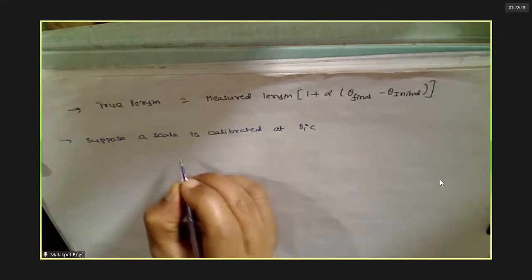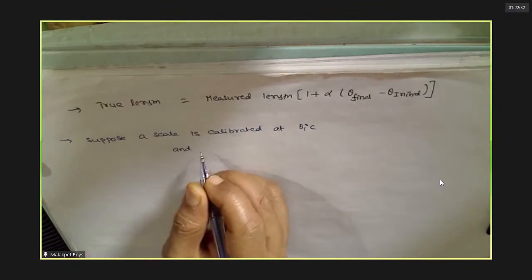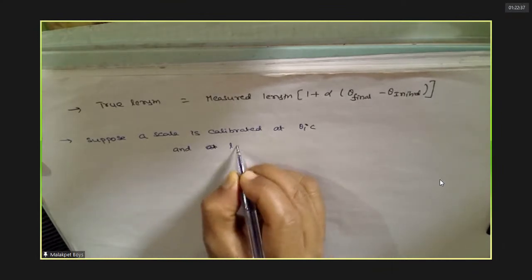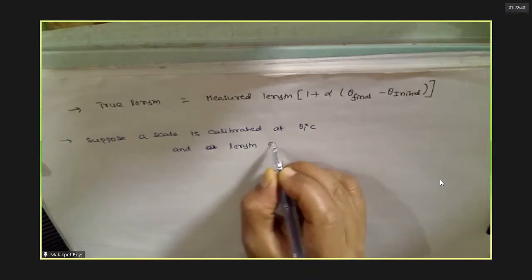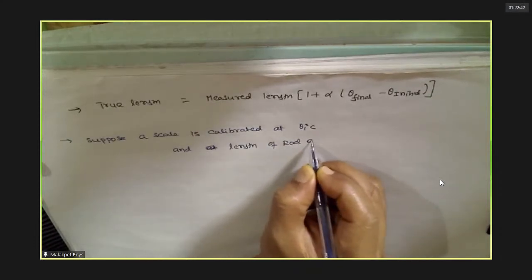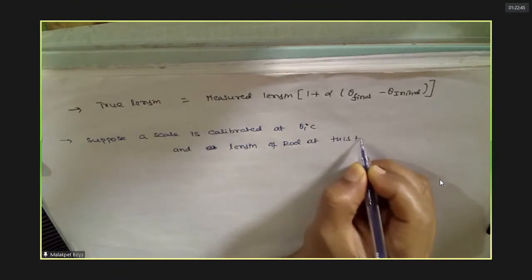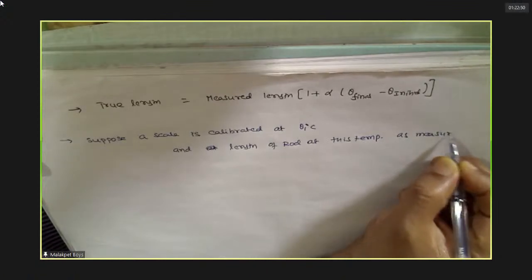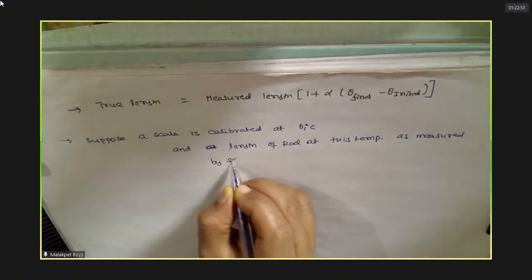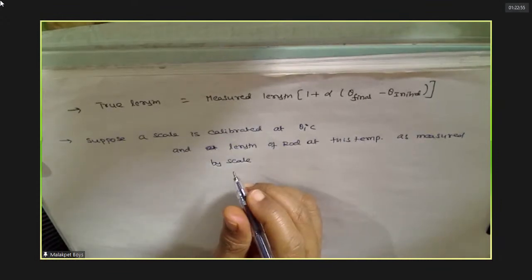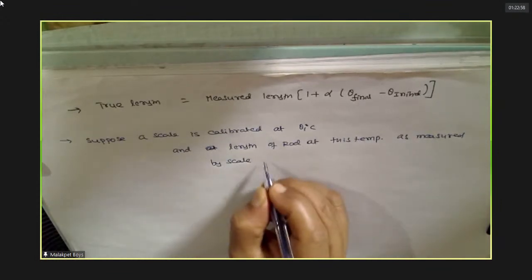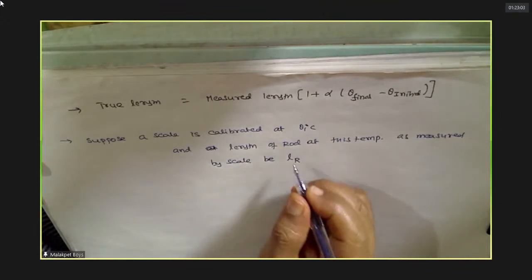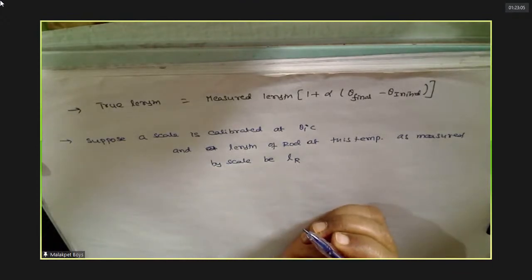And the length of the rod as measured by the scale is L R. See, R means L R. Okay, this is agreed so far.